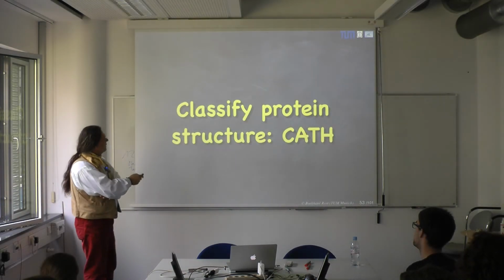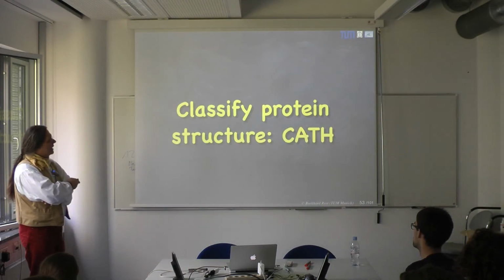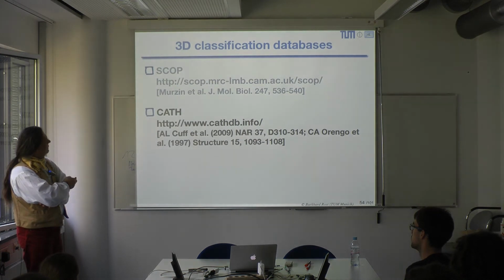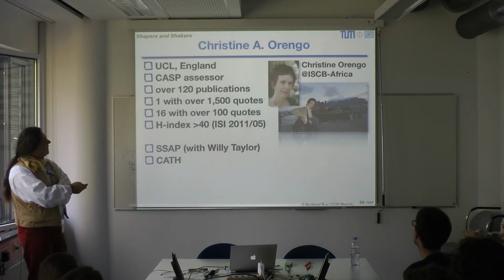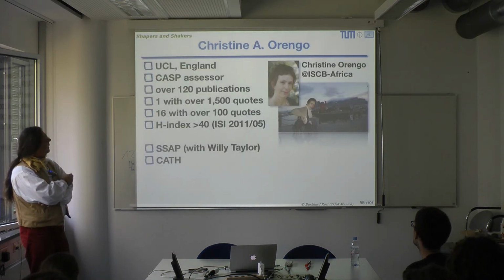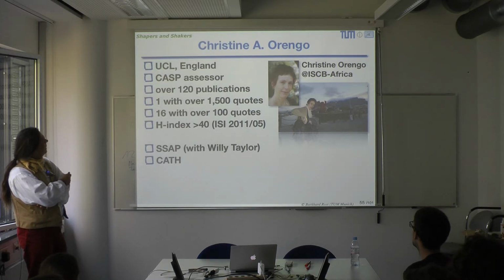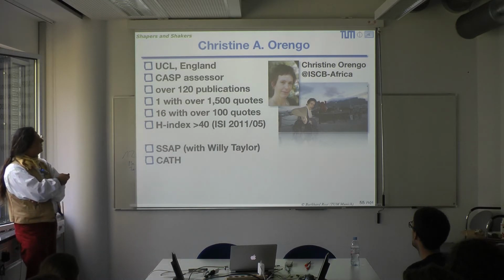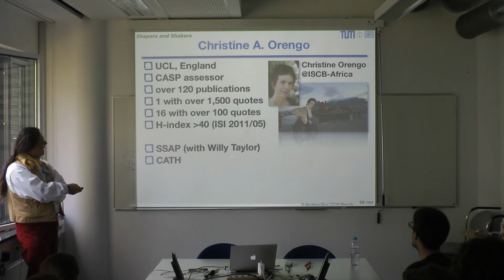So here's the next approach to classify protein structure, CATH, from Christine Orengo, here in front of Table Mountain, now at UCL, University College London. She has 120 publications, 1 with over 1,500 citations, 16 with over 100 citations, an H index of 40, very high.